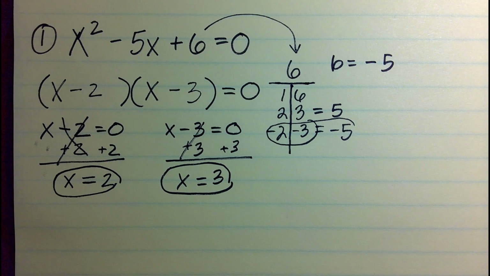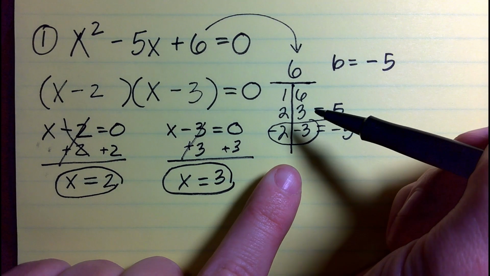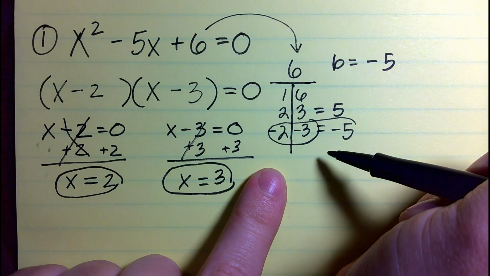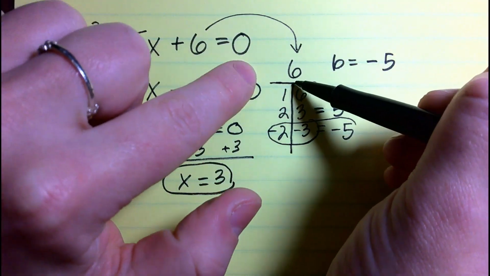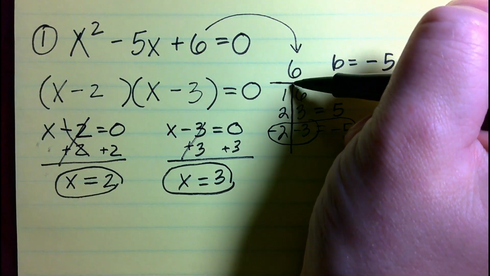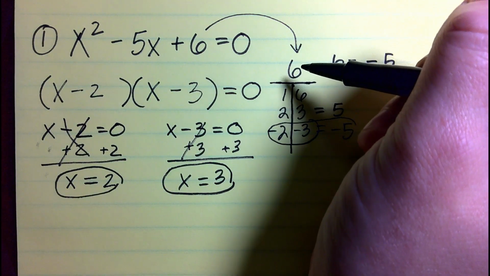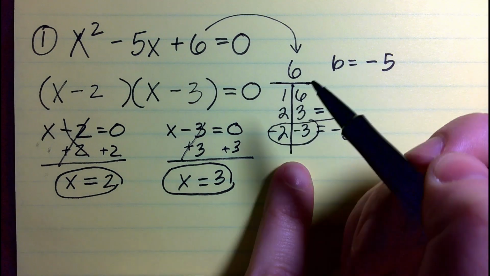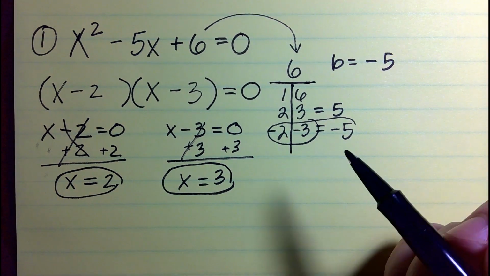I did it with 1 and negative 6. Yeah, I did too. Okay, but let's think about it. 1 times negative 6 is going to give us negative 6, and our C is a positive 6. So your factors have to match your C. Is that the one that I told you to switch signs on?